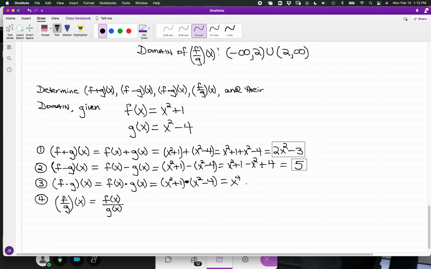Outside product, we have negative 4x squared. Inside product, we have positive x squared. Last part, we have negative 4. And we have a trinomial expression: x to the 4th minus 3x squared minus 4.